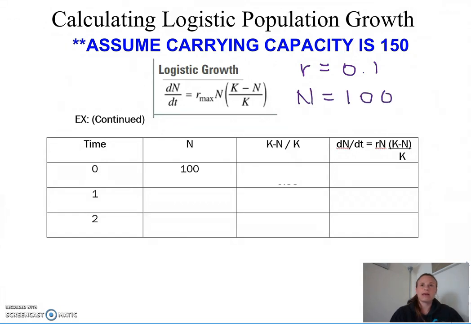We're going to use that same information in order to calculate logistic growth. So in this case, logistic growth is delta N over delta T, but it takes into account the carrying capacity, which is represented by this capital letter K.